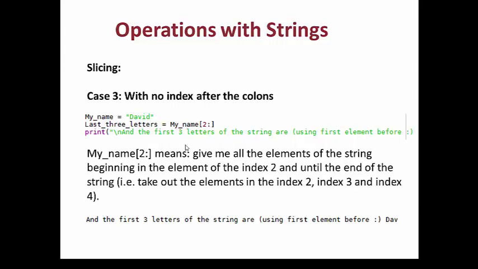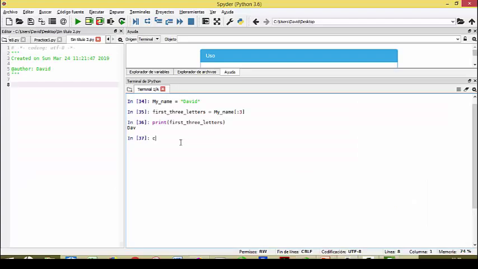Third case, when we don't have an index after the colons. What happened in that case? So, again, my name is gonna be David. Then last three letters, my name, square brackets, from position 2 until the end.